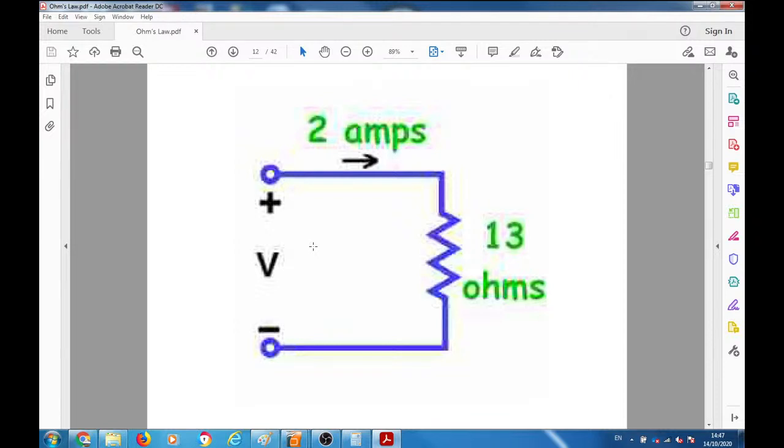Spot on. Okay, again, V is equal to I times R, so 2 times 13 is 26, and you got it.